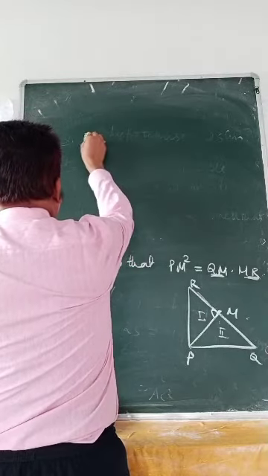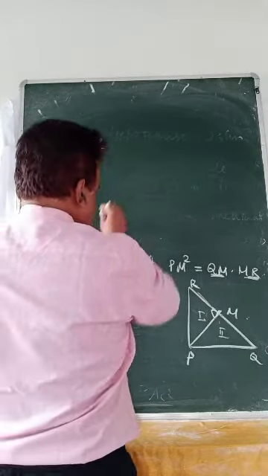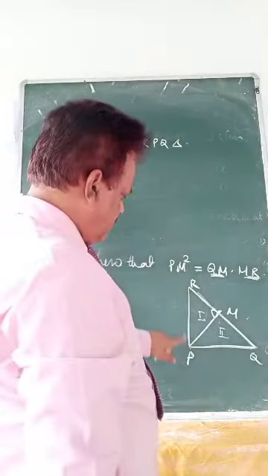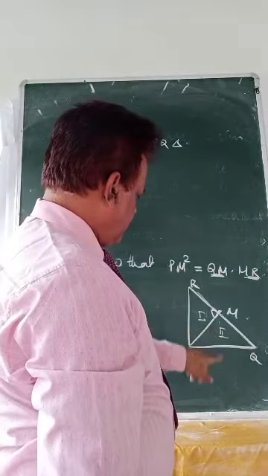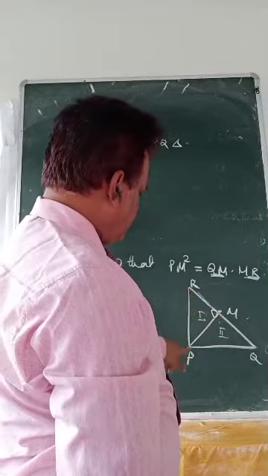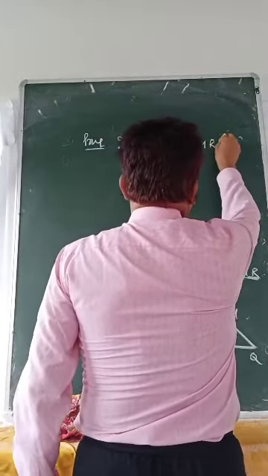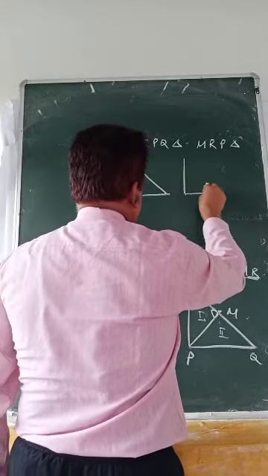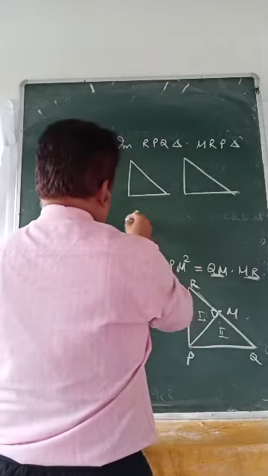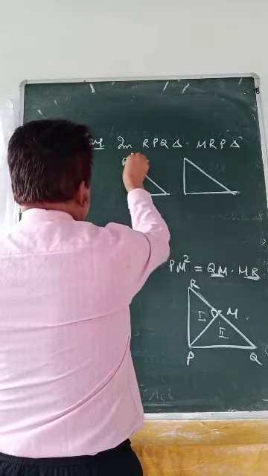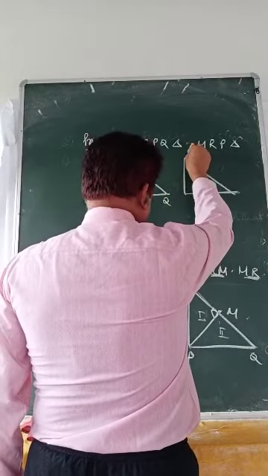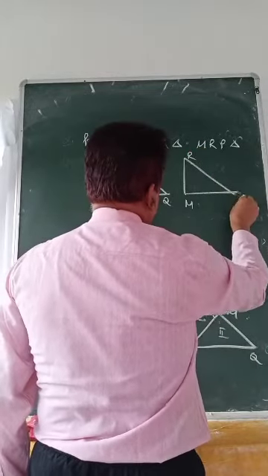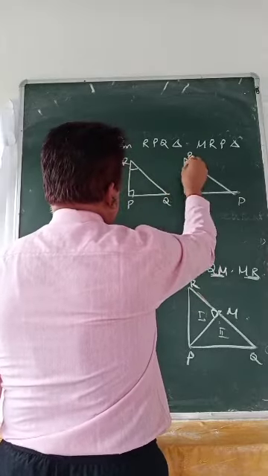Look, proof. In RPQ triangle and which one? MRP triangle. This is P, this is R, this is Q, this is M, this is R, this is P. 90, 90, common angle.